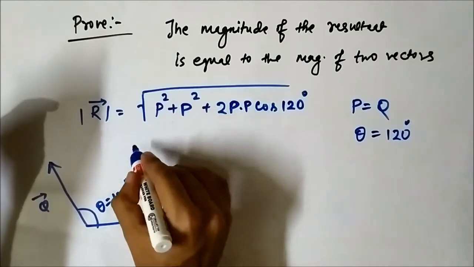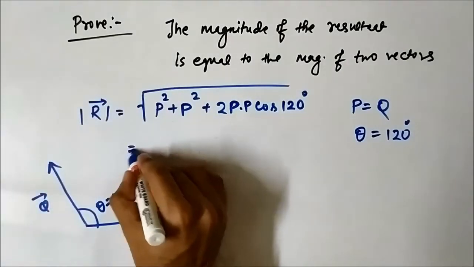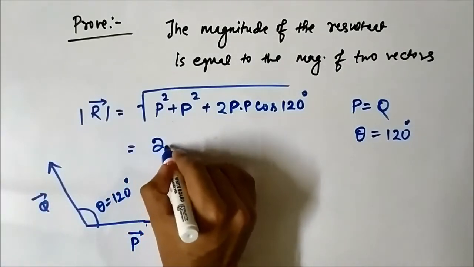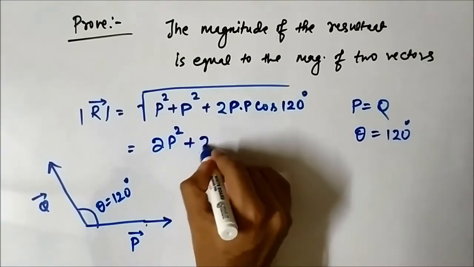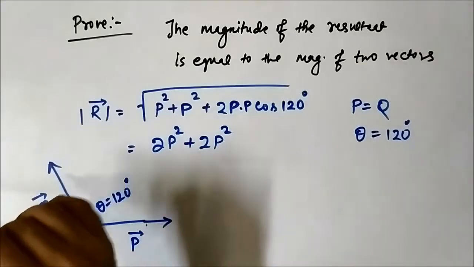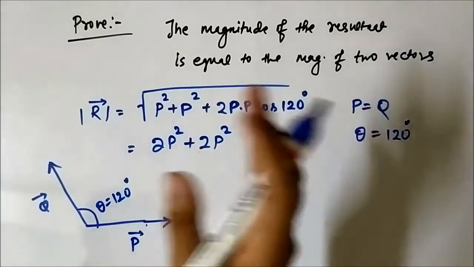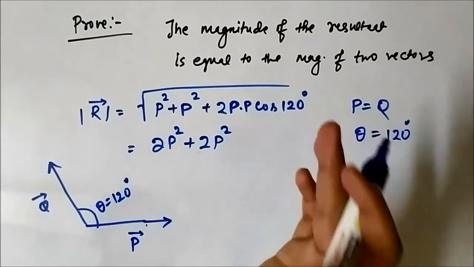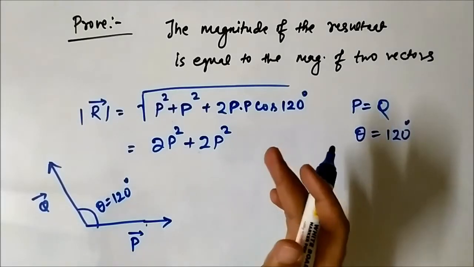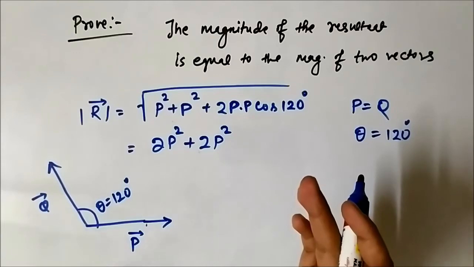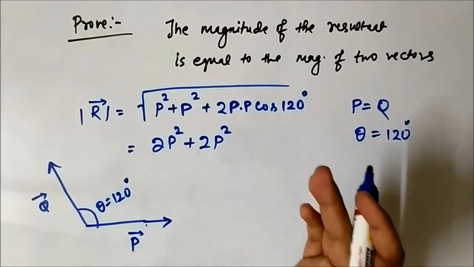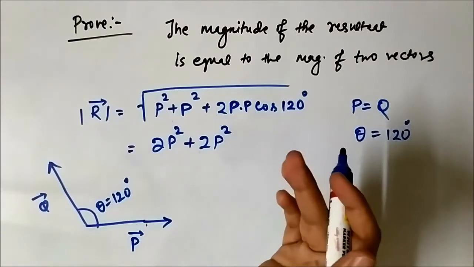Now it is equal to the root of 2P square plus 2P square cos 120 degrees. Cos 60 degrees is 1 by 2, and cos 120 degrees is minus 1 by 2, by the ASTC rule, because it comes in the second quadrant, and in the second quadrant cos is negative.